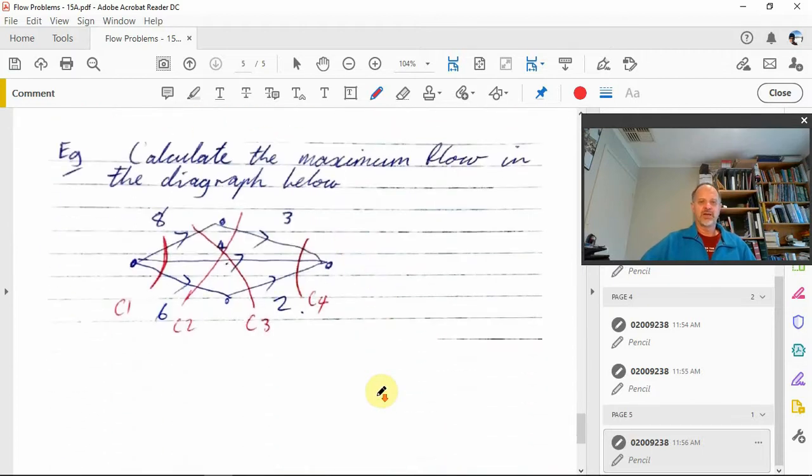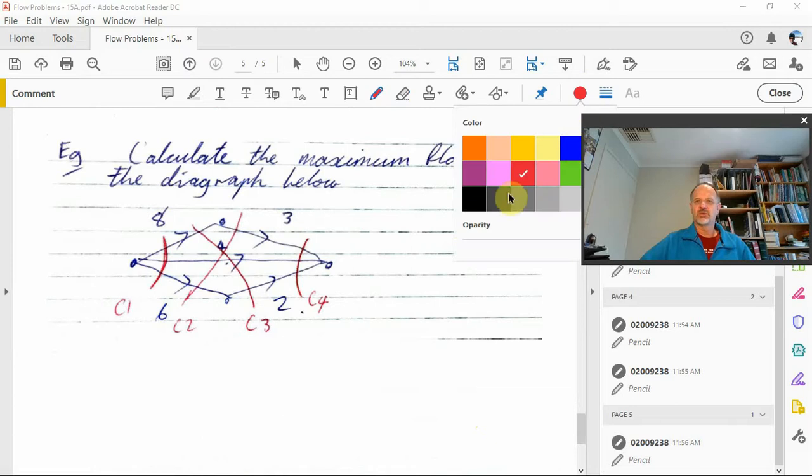All right, let's have a look at an example. Calculate the maximum flow in the digraph below. I'm going to change back from red to orange. All right, so cuts. Mark in all the possible cuts.